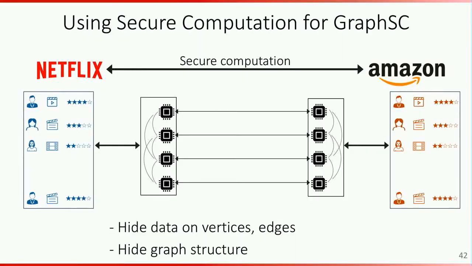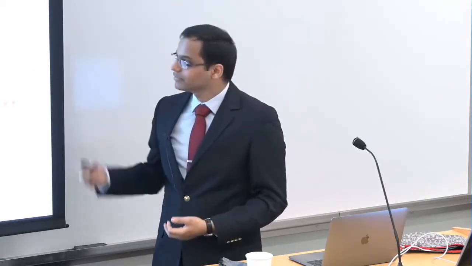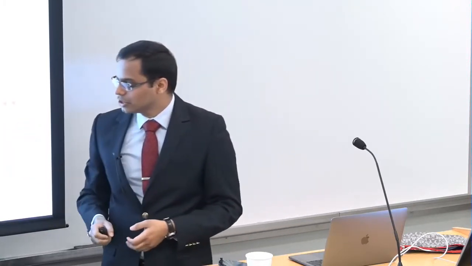And now they can just run a secure computation protocol with the algorithm that I just described earlier. This ensures that Netflix never learns Amazon's share and vice versa, and that means they can learn the output without knowing the input ahead of time. And this ensures that your data on vertices and edges is hidden and the graph structure is also hidden.